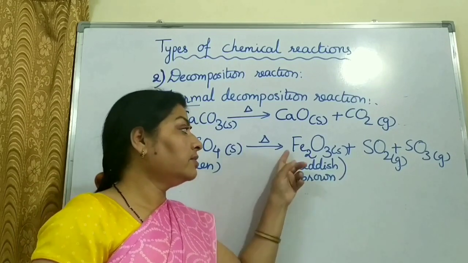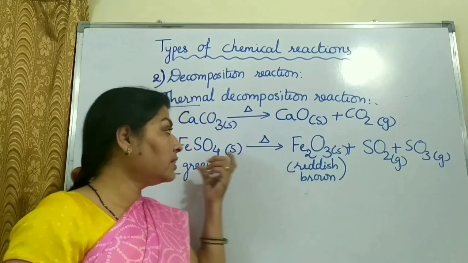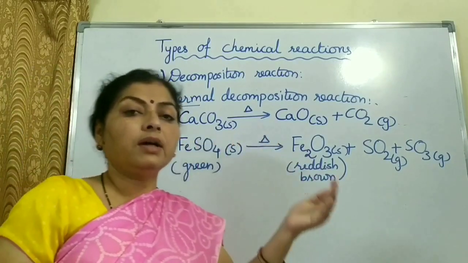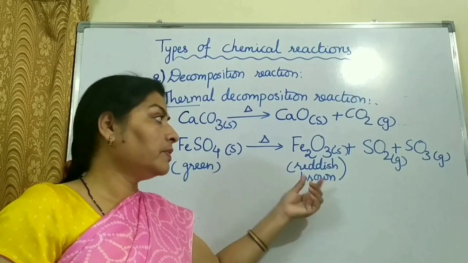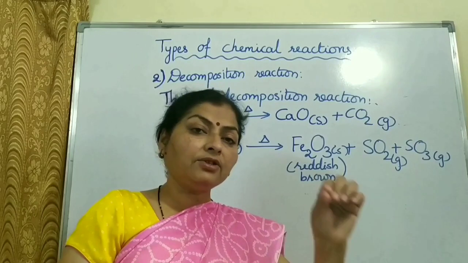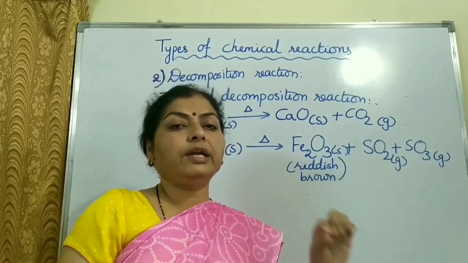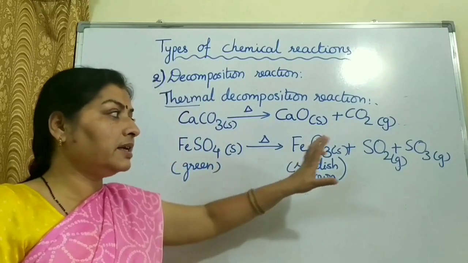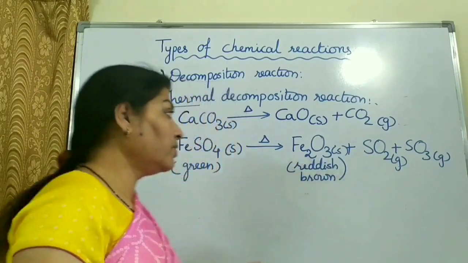On further heating, we will see reddish brown color of Fe2O3, means the pale green color became colorless, and from colorless now it started to form reddish brown color. And then gases evolved. These gases we cannot see with our naked eyes, but as soon as we bring the moist blue litmus paper, it will change to red, which indicates that some gas is getting released which is acidic in nature. So SO2 and SO3 gas are formed.